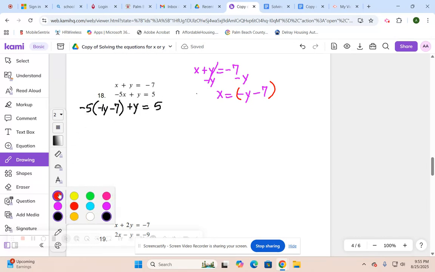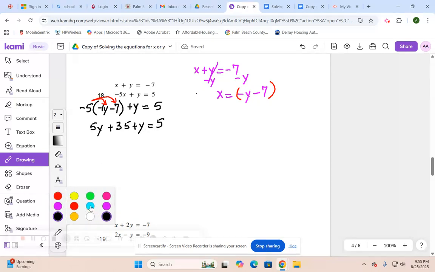So now we're going to distribute. So we'll have 5y plus 35 plus y equals 5.